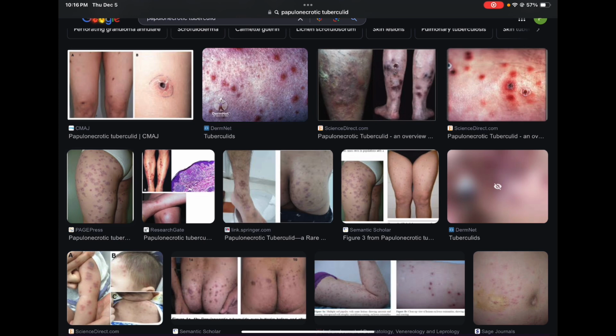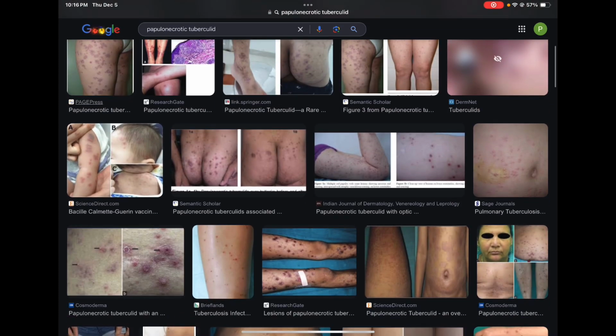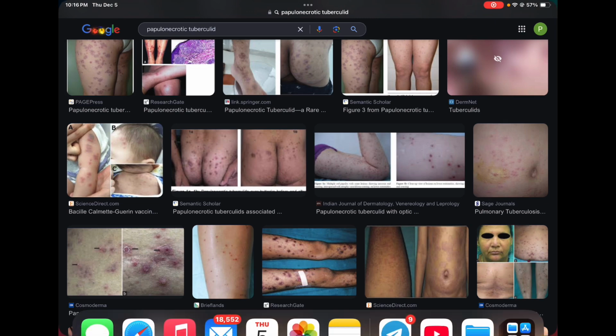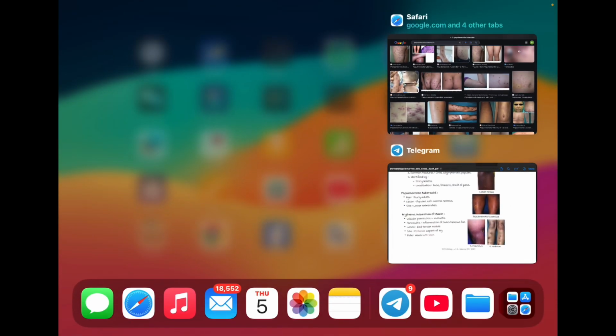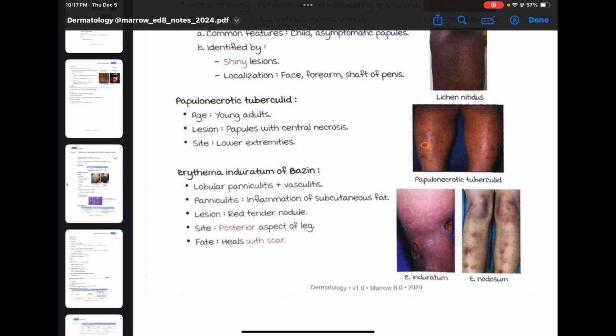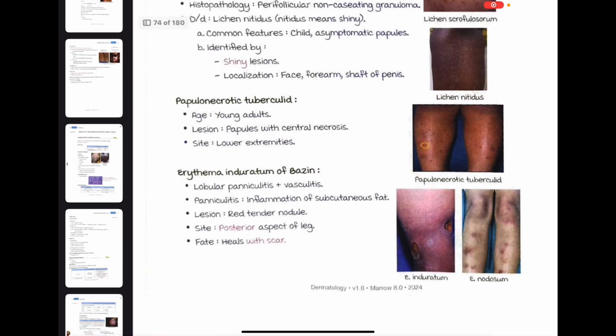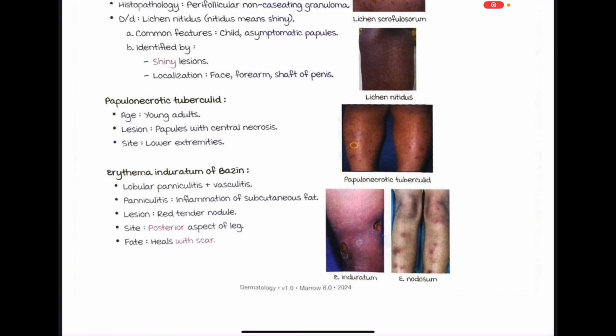Papule with central necrosis. That is papulonecrotic tuberculid. Easy to name. Papule with necrosis in the middle, and it's a tuberculid.